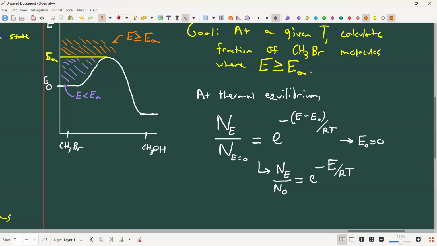At E sub A, how many molecules are at that energy, how many are at E sub A plus 1, E sub A plus 2, E sub A plus 3, all the way up to infinity. And of course, all that is just an integration. We're going to integrate the distribution from our critical energy out to infinity. In some sense, all we're doing is calculating the fraction of molecules that have enough energy. Just an integral.